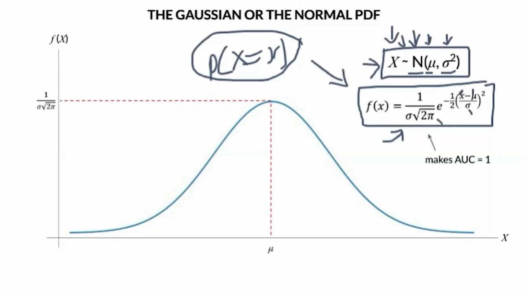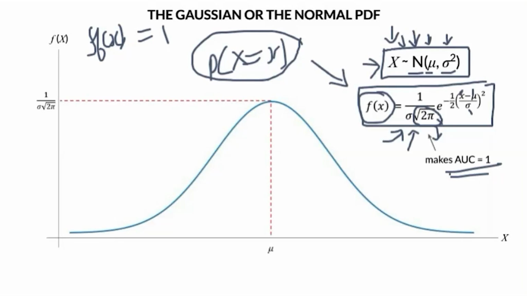Now, what is the reason for this 1 by root 2 pi? Basically, we add this constant to make the integration value equal to 1. It makes the area under the curve equal to 1. Because at the end of the day, this is a probability density function, it should satisfy the rule that the integration of f of x equals 1. For that reason, you have this constant 1 by sigma root 2 pi.